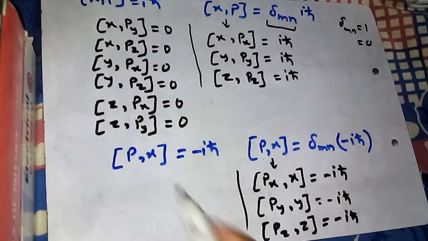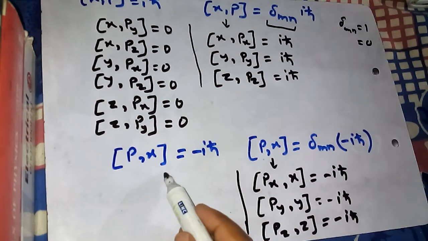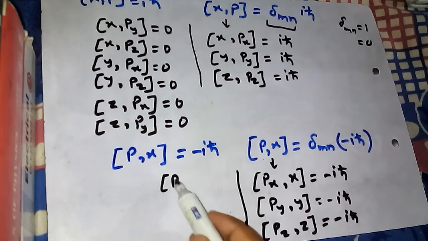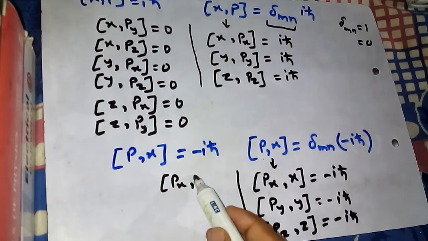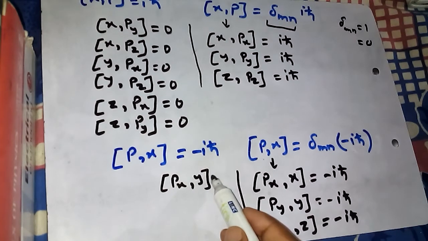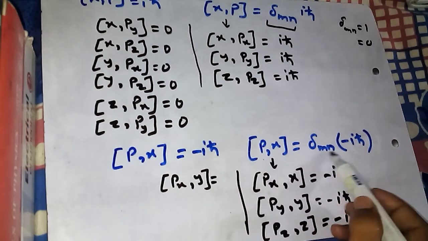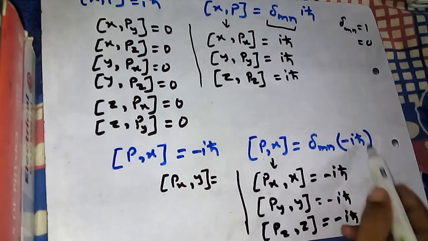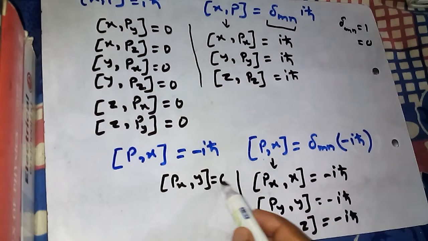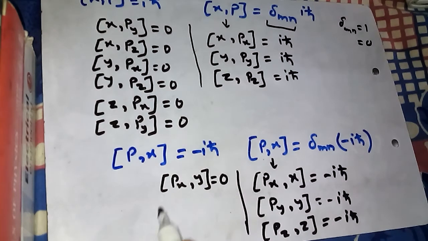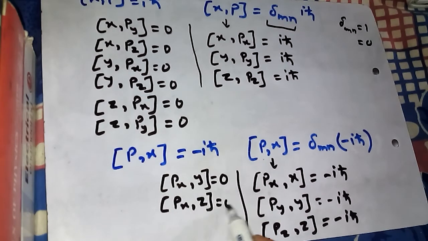But if you have x component of momentum but y component of position, then this quantity will be 0 since components don't match, so the whole term will be 0 and that's why it is 0. Similarly, p_x and z will give you 0.